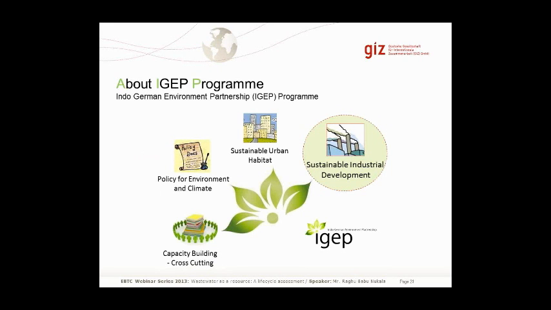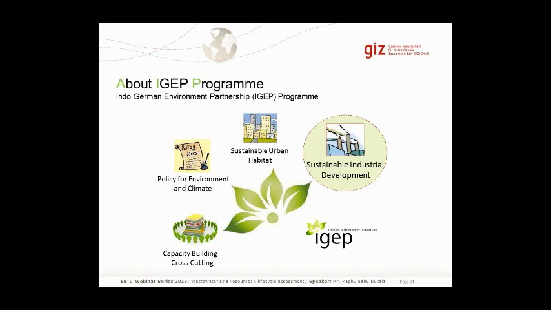The IJ program is an Indo-German Environment Partnership Program within the umbrella of Indo-German Bilateral Development Cooperation. This program was previously called the ASEM program, which was well known in the past as Advisory Services in Environment Management. This program started from March this year, and will go on for 3 years in the first phase and 3 more years in the second phase.